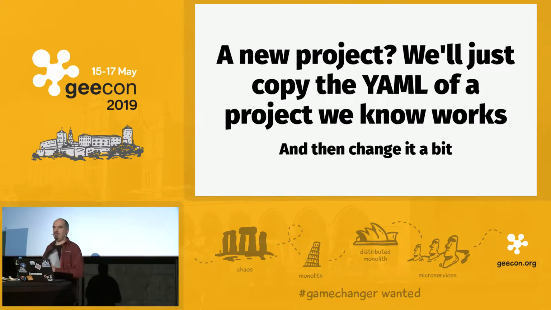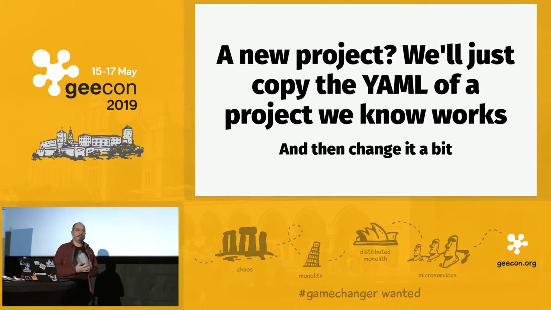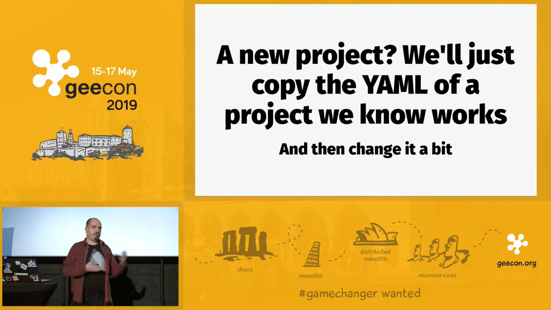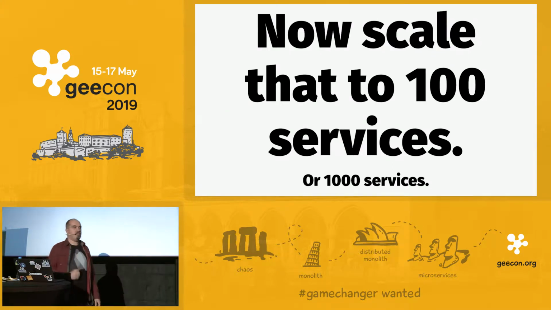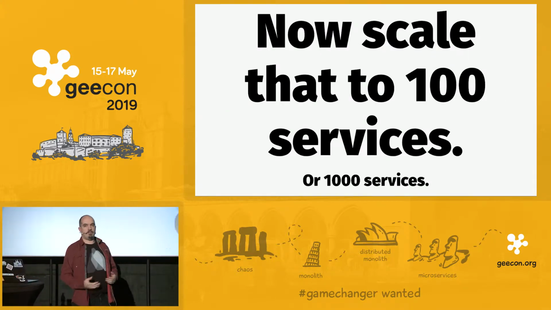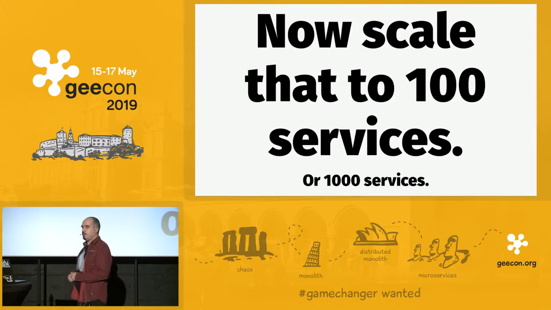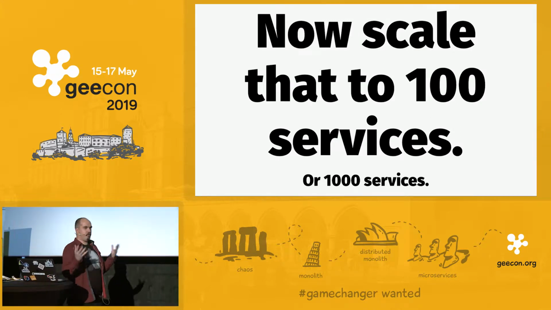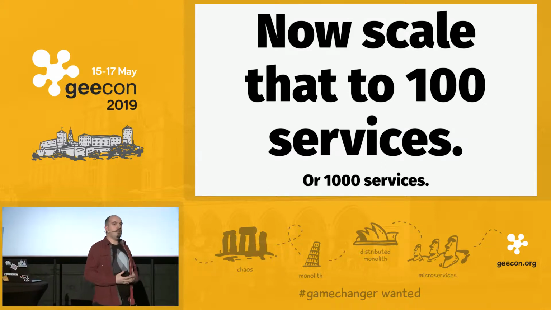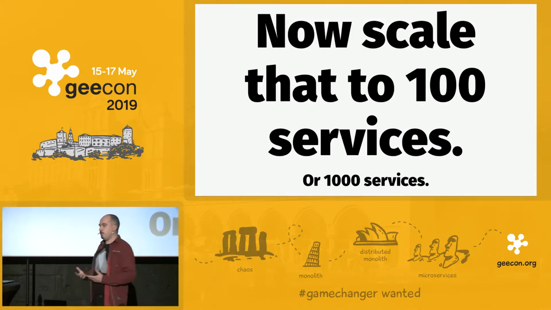That works when you have 1, 2, 3 services in order to just be able to maintain that. But now scale that solution to 100 services or 1,000 services. That's not really easy when you suddenly have a huge fragmentation of your entire build process within your organization.